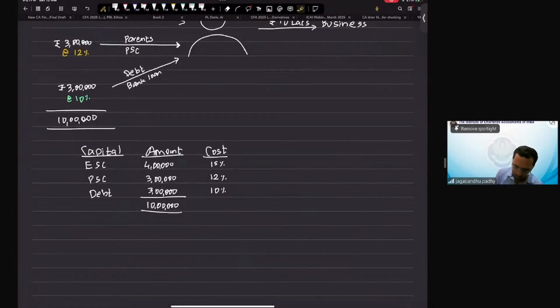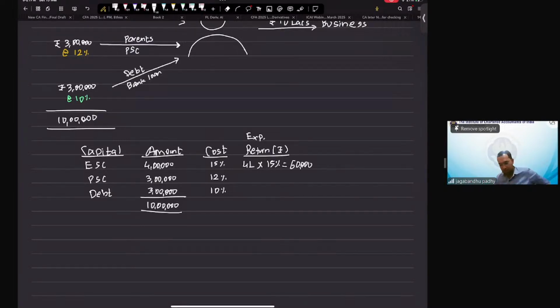15%, 12%, and 10%. These are the costs. Now, if I ask you, sir, on this 4 lakh, the equity shareholders are expecting 15% return. Can you tell me what is the expected return in rupee terms for the equity shareholders on their 4 lakh capital? How much amount are they expecting to be their income? 60,000? You simply did that as 4 lakh into 15%, 60,000.